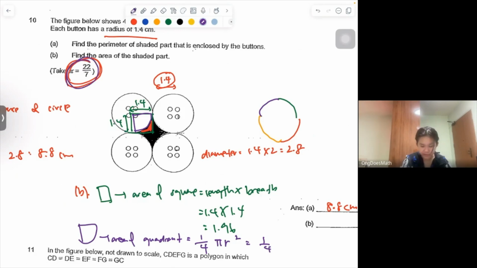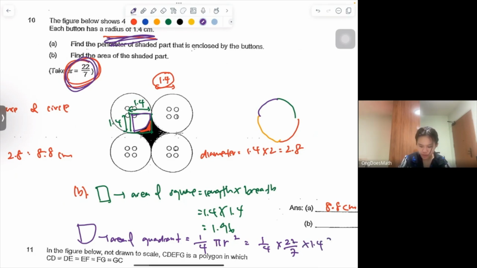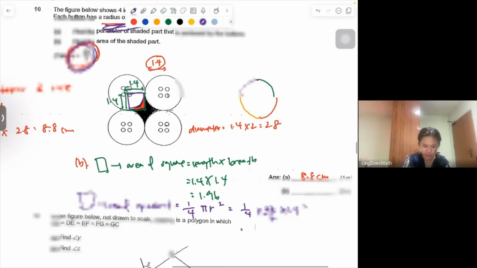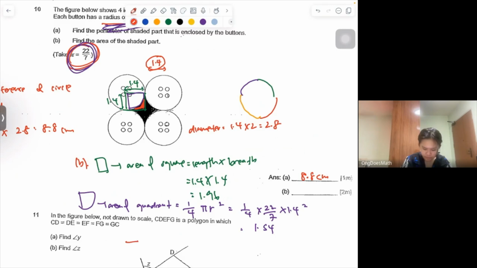Pi is 22/7. Radius in this case is 1.4. Punch into your calculator. It should give you 1.54. So now you can find the red shaded part, right? The red shaded part is just the square minus the purple quadrant.